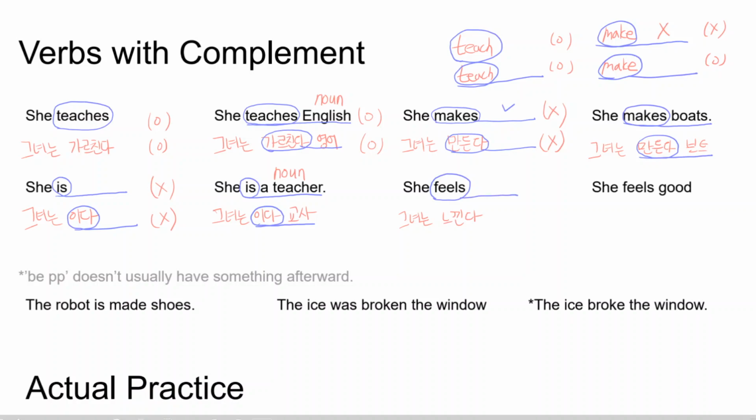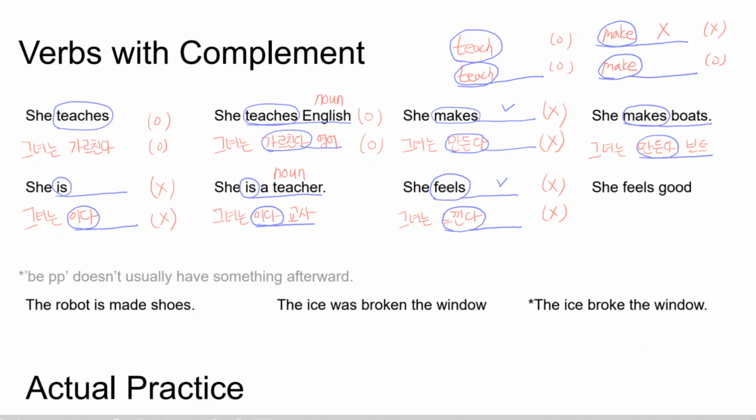I guess we need to have something here, right? So we are missing something. So it should be a wrong sentence. Of course, there might be some exceptions later on, but for now, let's say this is a wrong sentence.